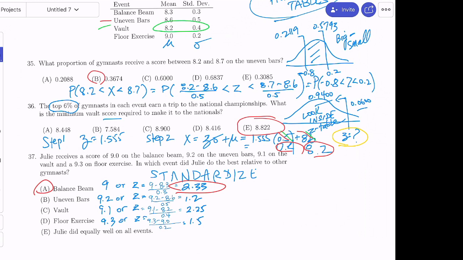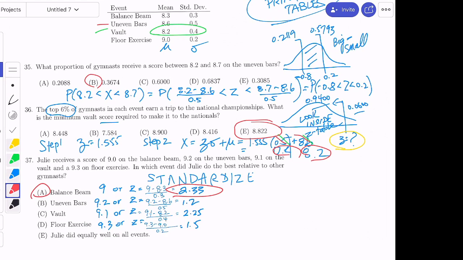Jorge wrote something. You don't have to get the percentages, Jorge. This is good enough. You can stop here. You have the answer because the standard deviations from the mean are ranked in the same order as the percentile. So we're done. She performs on the balance beam 2.33 standard deviations from the mean.